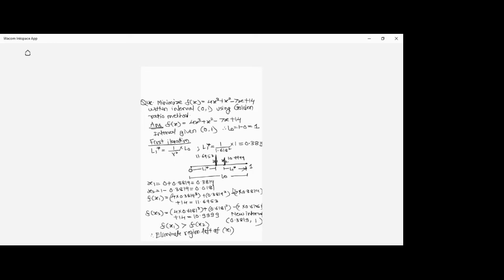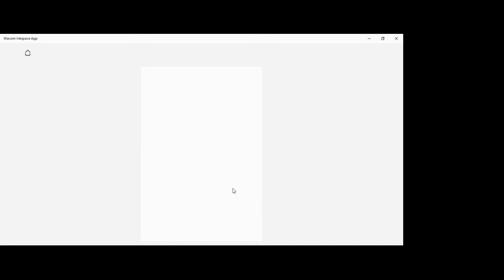So let's do our second iteration, right? In the second iteration, our new interval is 0.3819 comma 1. Now we have to find out the value of L2 star.